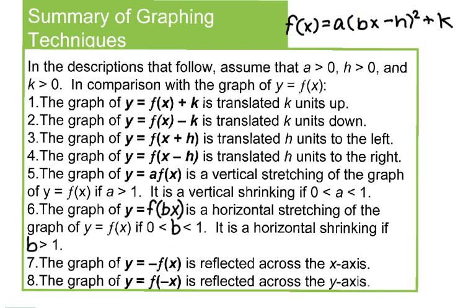And if it is greater than 1, you have a horizontal shrink. Now, if this value of a right here is negative, then it is a reflection across the x-axis. And if this value of b right here is negative, then you have a reflection across the y-axis.